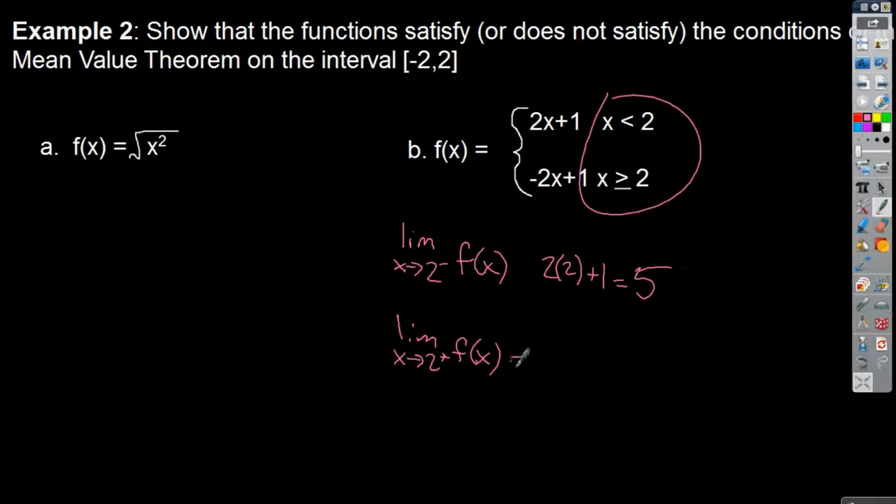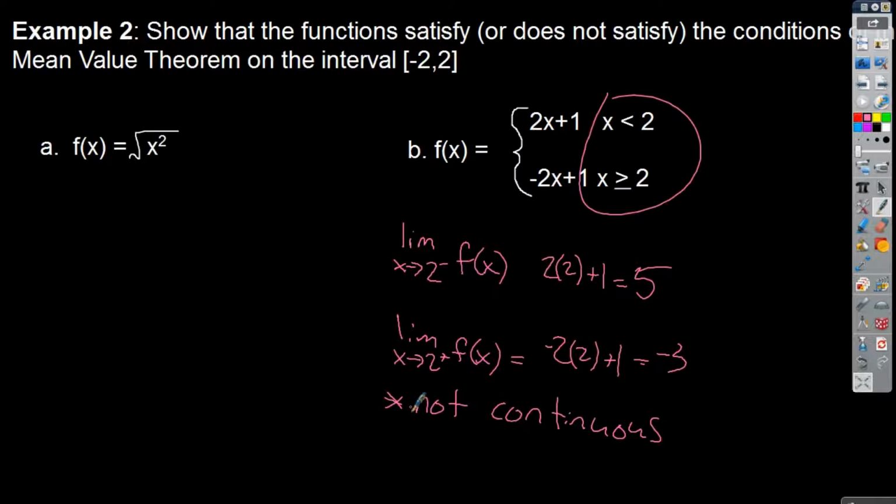Approaching from the right, I have negative 2 times 2 plus 1, which is going to be negative 3. So since the limit on the left and the right are not equal, this is not continuous. So I can't use the mean value theorem. It does not satisfy the conditions of the mean value theorem because it's not continuous.